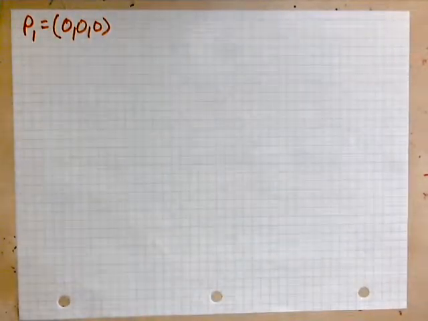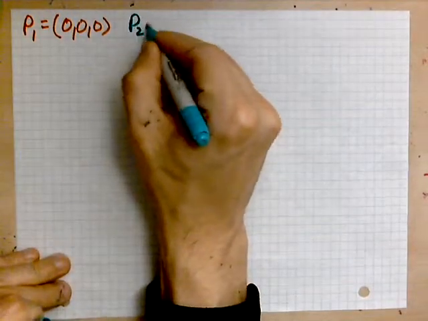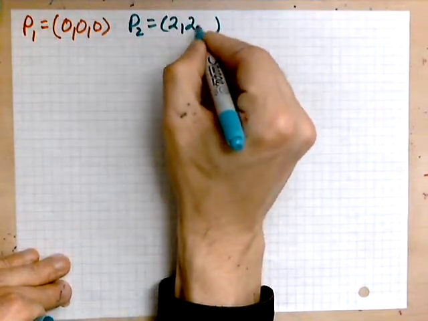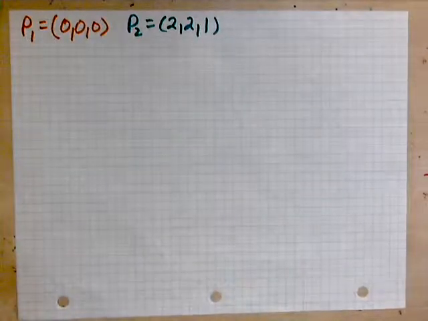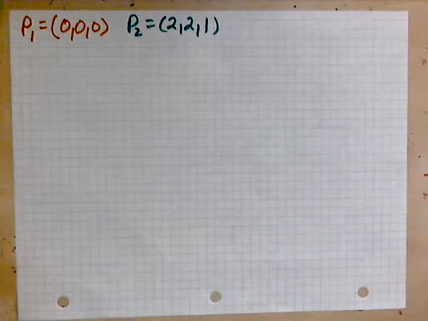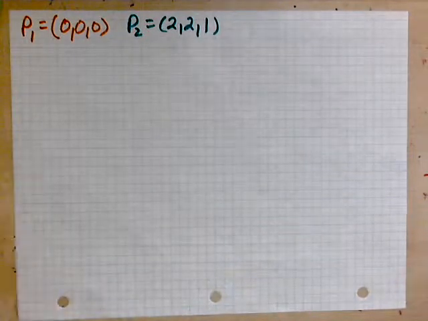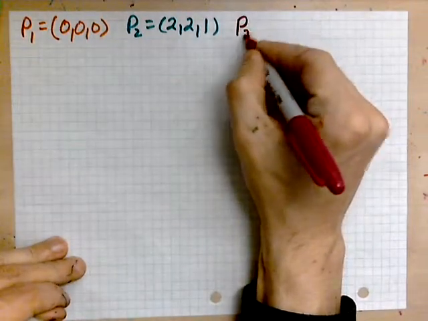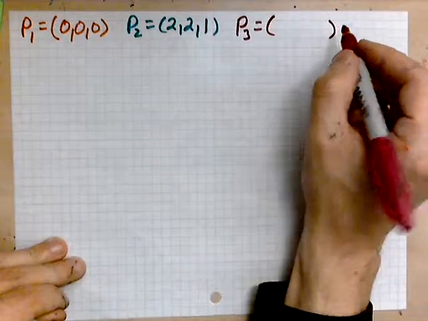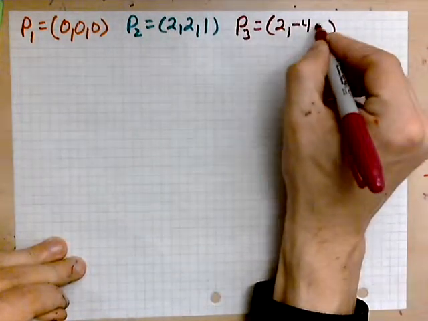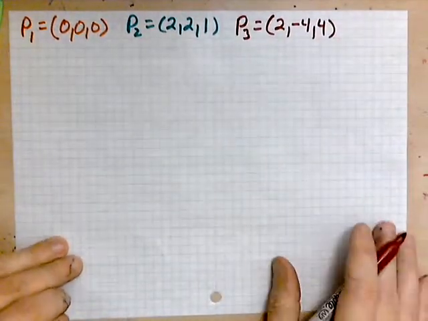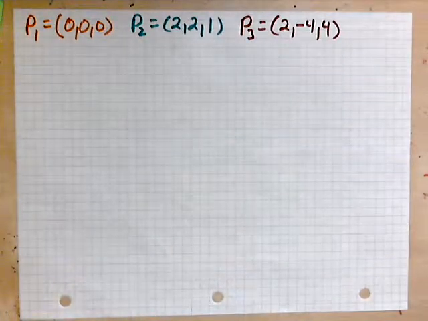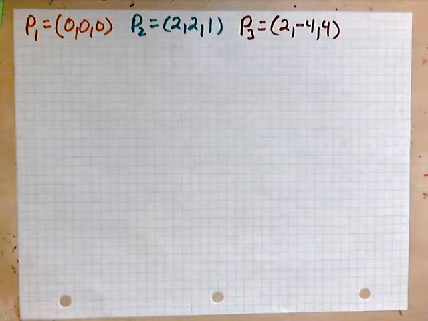Point 2 has the coordinates given by 2, 2, 1, and point 3 has coordinates given by 2, -4, and 4, as follows. So these are our 3 points, and we want to check what kind of triangle is made when we connect these points using line segments.